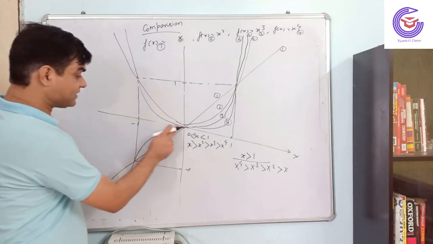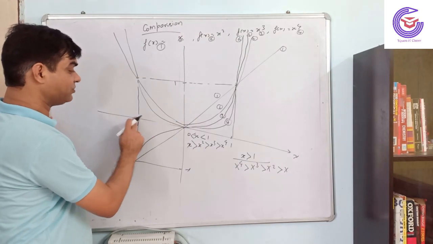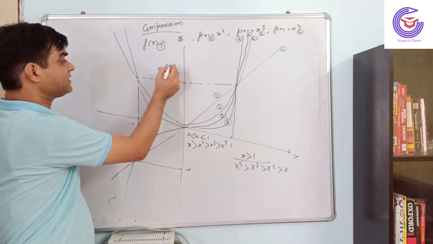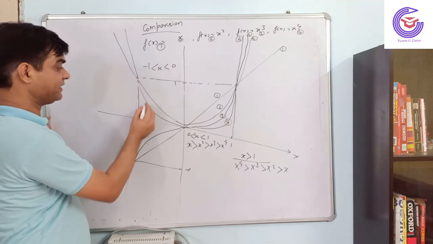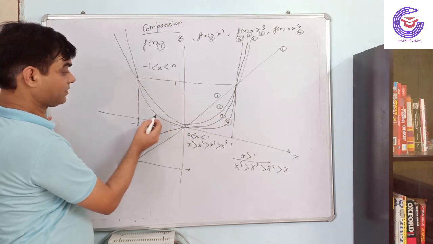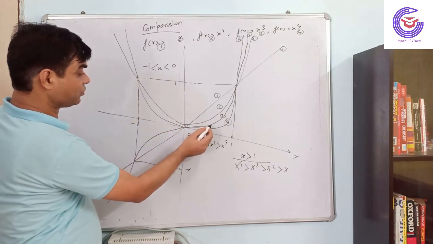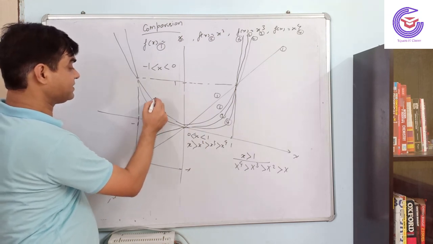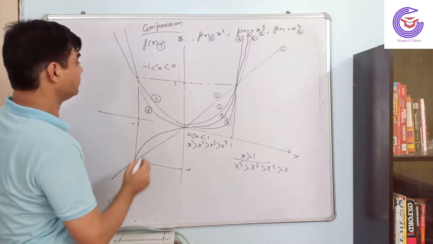In a similar fashion, if you compare between 0 and -1, when x is less than 0 and greater than -1, in that case this is your fourth one. So this is the fourth and this is the second.